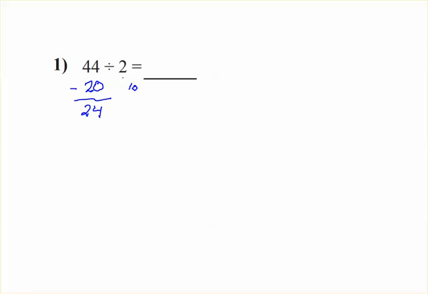Okay, so 10 groups of 2 taken away from 44 leaves you with 24. Now, we know that we could do another 10, okay, and subtract another 20. Okay, 10 groups of 2 is 20. All right, and subtract that, and then we're left with 4.